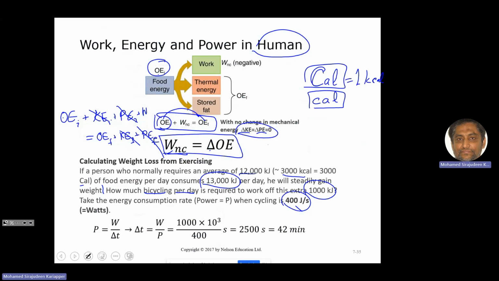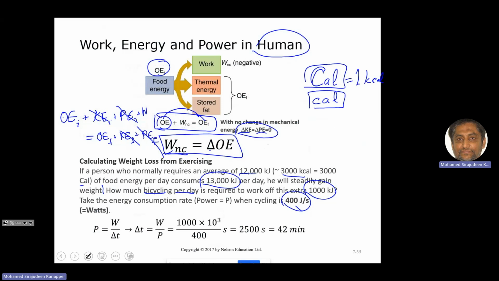So to lose 1000 kilojoule, meaning 1 million joule, right? 400 joule, 1 second. 1 million joule, how many seconds? And then convert the second into hours or minutes or whatever.